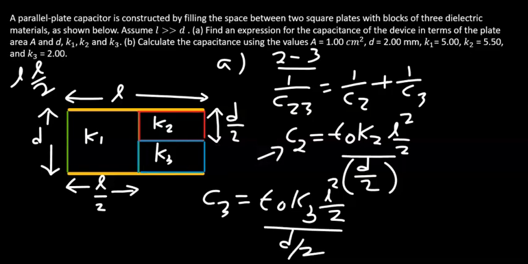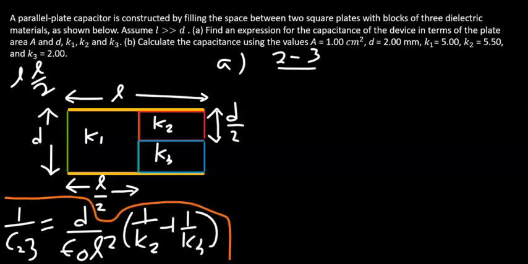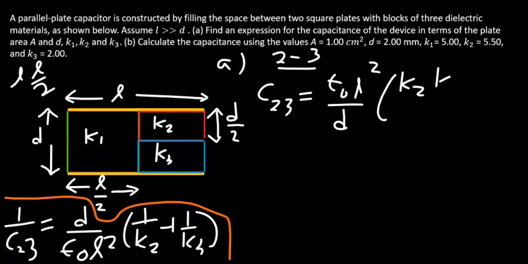So taking the inverse of C2 and C3, we would get 1 over C23, or the inverse of the capacitance of the combination, to be D over epsilon naught L squared times 1 over K2 plus 1 over K3. And C23 is therefore epsilon naught L squared over D times K2 K3 over K2 plus K3.